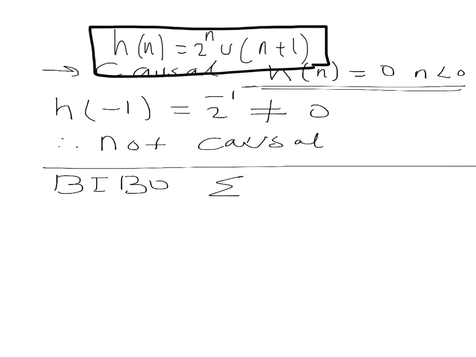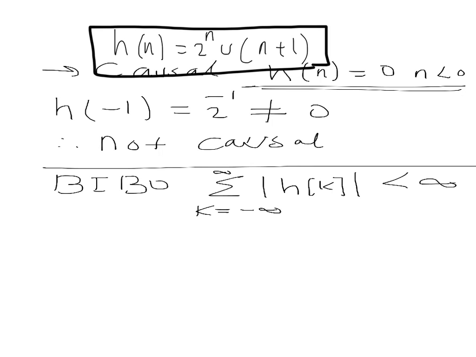That means the sum from k equals minus infinity to infinity of the absolute value of h of k is less than infinity.